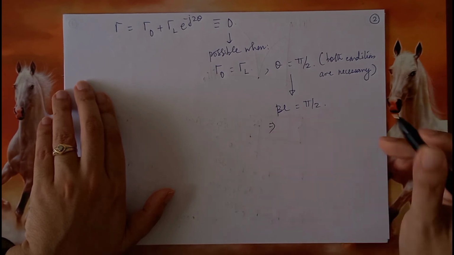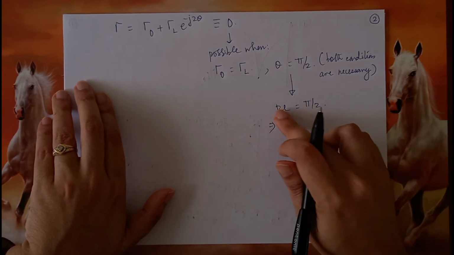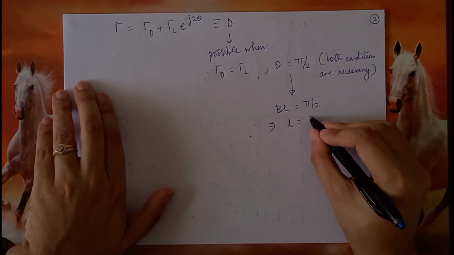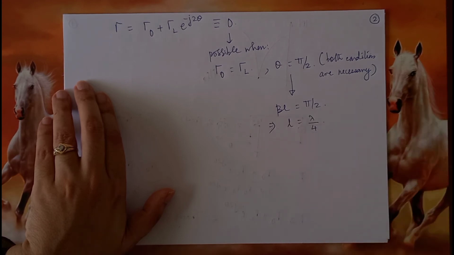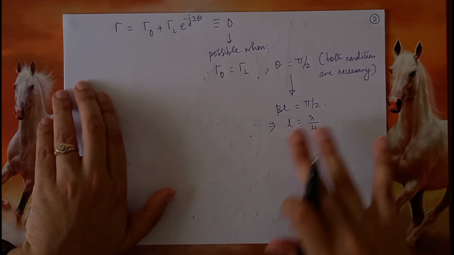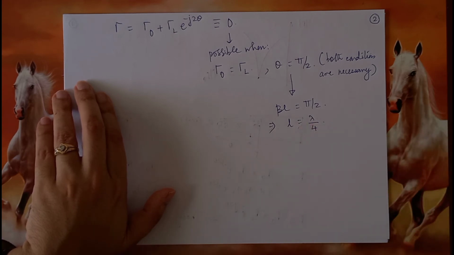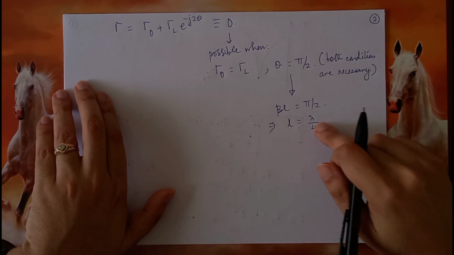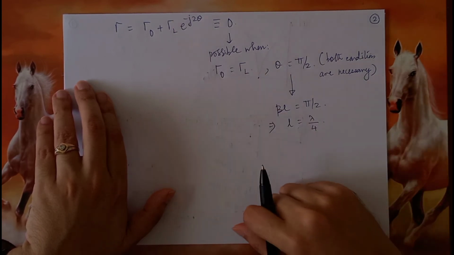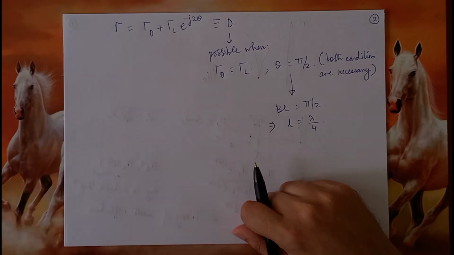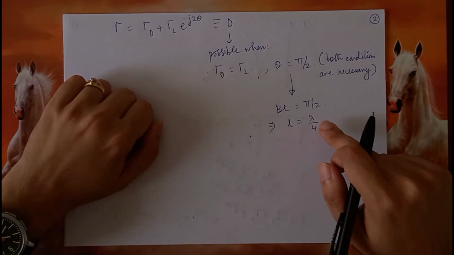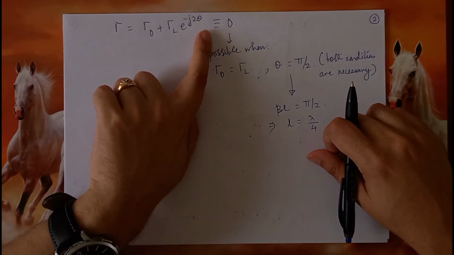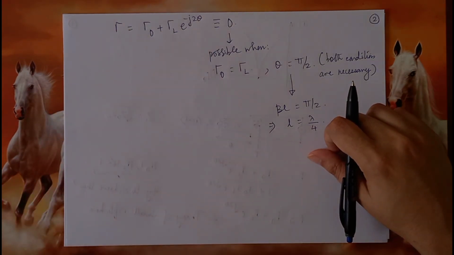As we know the value of theta and what beta is, we can prove, and we have done this before, that L is equal to lambda by 4. So we come back to the condition for the quarter wave transformer, that indeed when L becomes equal to lambda by 4, the gamma will become 0.